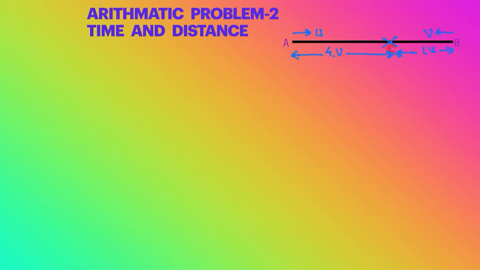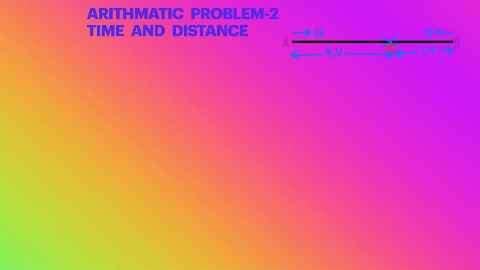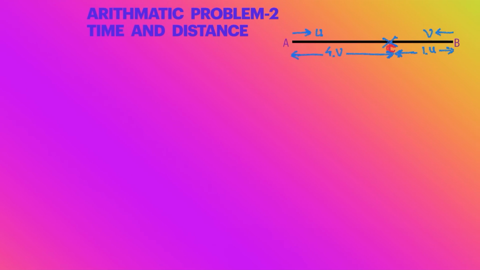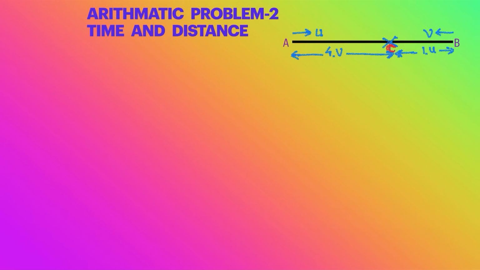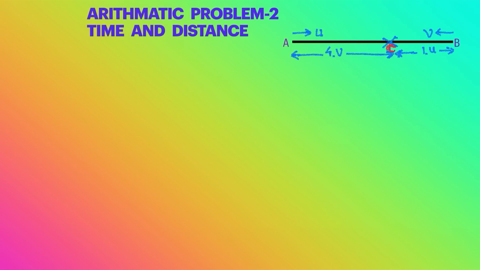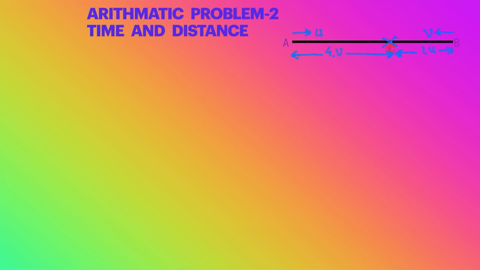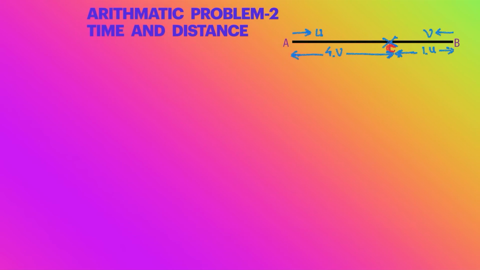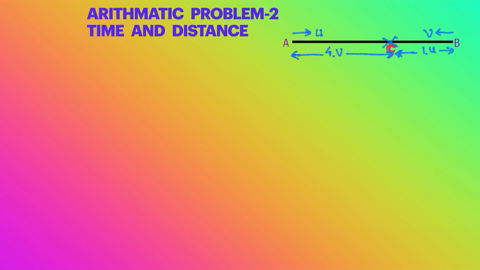That means within the same time, if two particles cover different distances, then their distances are directly proportional to their speed or velocity. So the ratio of their distances, AC by BC, or AC is to BC, will be their speed. That means U is to V.